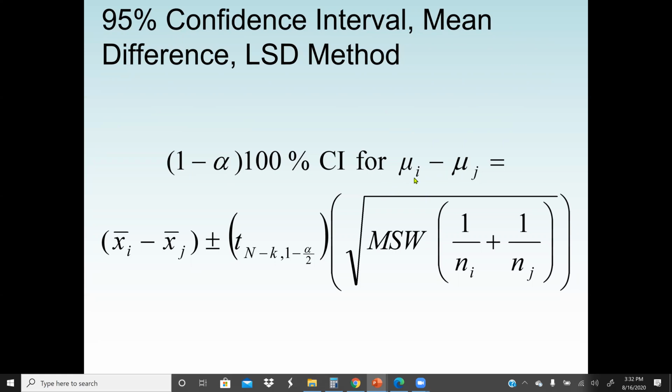So mu I minus mu J equals the sample mean difference of the two groups plus or minus, since we are using the t-test, t with N minus k, where N minus lowercase k is our degree of freedom. So t with N minus k and 1 minus alpha over 2, times the square root of MSW times 1 over NI plus 1 over NJ.